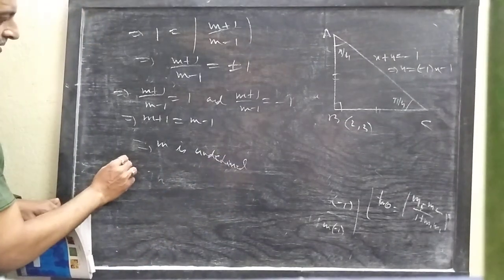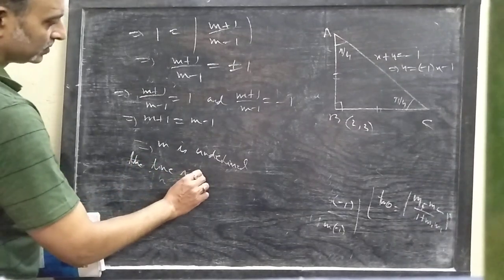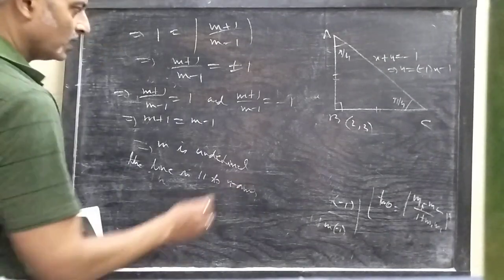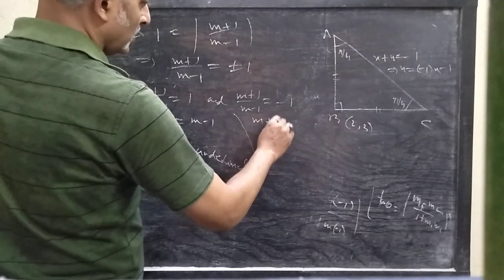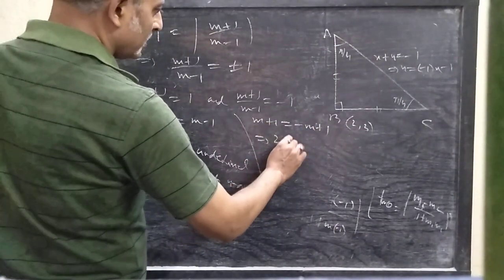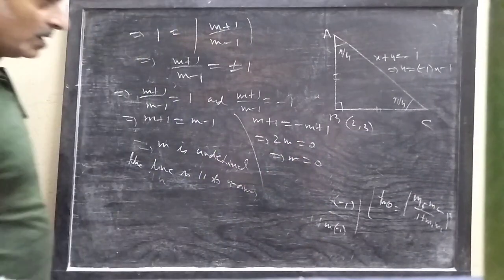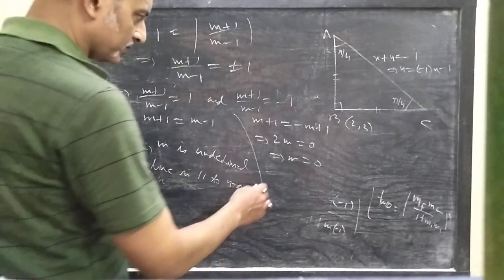Undefined means the line is parallel to the y-axis, and from this part you get m plus 1 equals minus m plus 1, that is 2m equals 0, that is m equals 0. m equals 0 means the line is parallel to the x-axis.